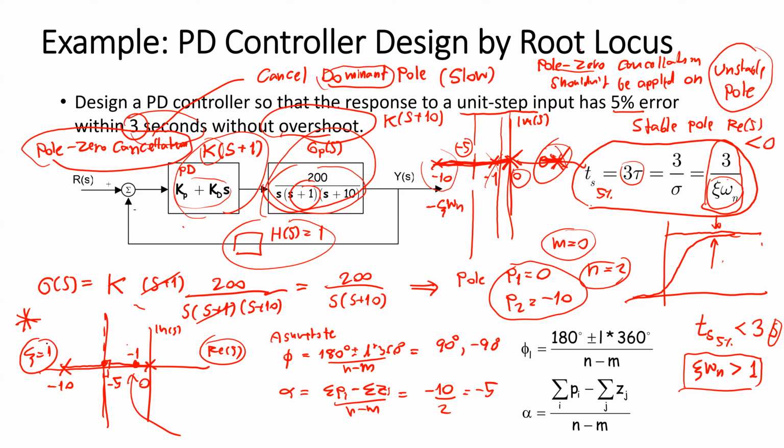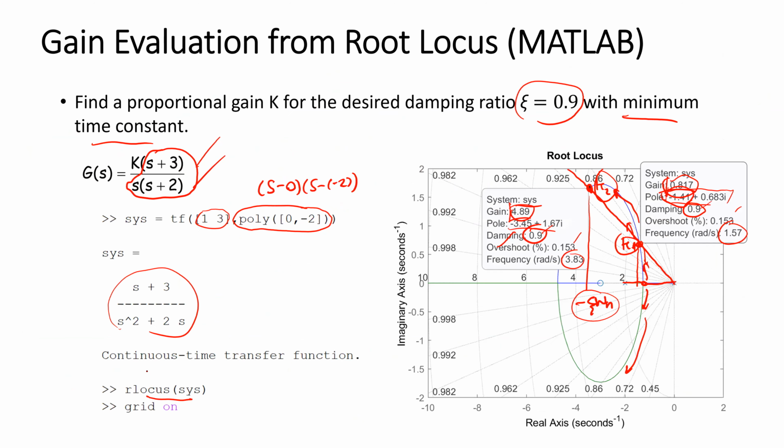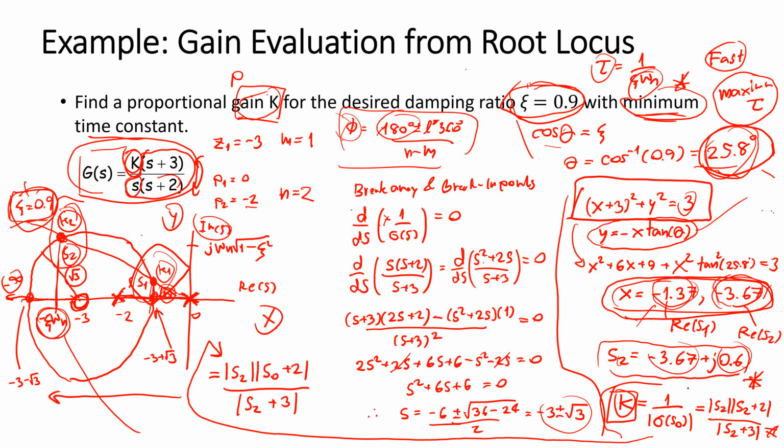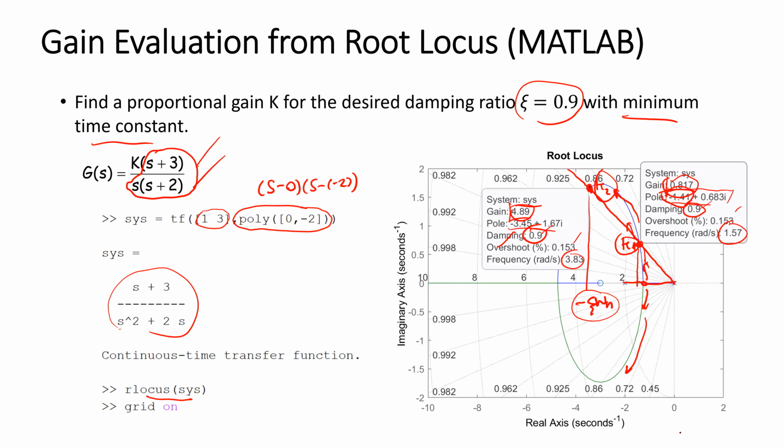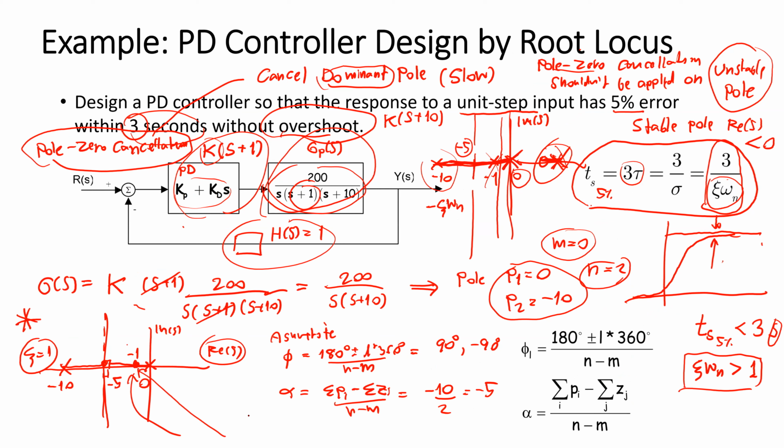So what should be the gain K? In this case, we may apply the concept of gain K equal to 1 per magnitude of G at s0. s0 now is just minus 1. And the transfer function now is this one.